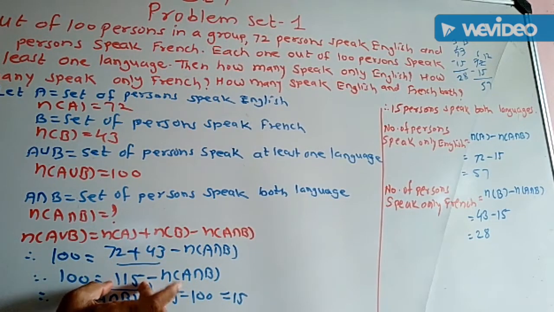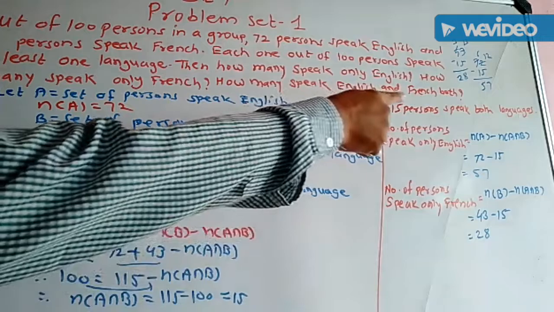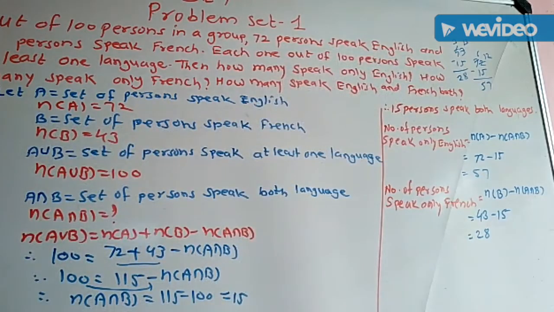Addition of both is 115. This minus gets plus and plus 100 gets converted to minus, that is n(A intersection B) is equal to 115 minus 100, that is 15. Therefore 15 persons speak both the languages.